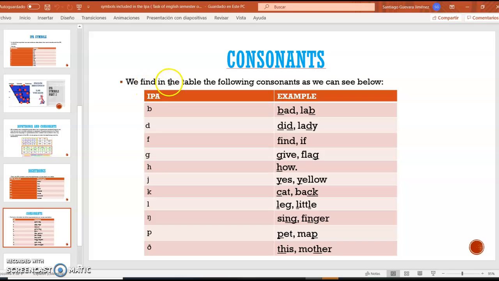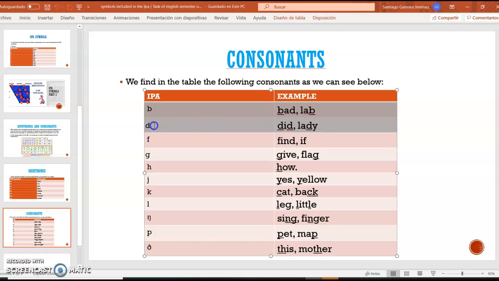Consonants. We find in the table the following consonants as we can see below. Example: bat, lab. Did, lad. Fin, if. Give, flag.